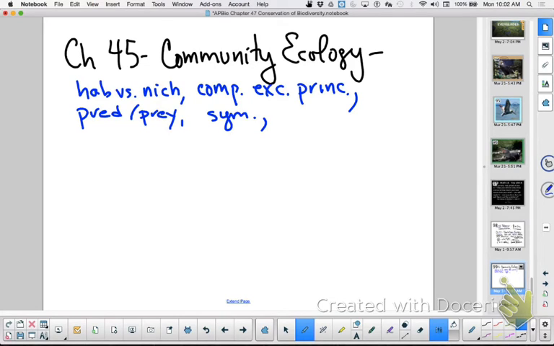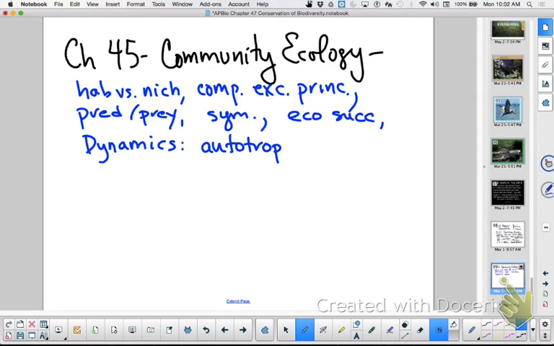Then we talked about succession, ecological succession over time. And then we talked about the dynamics of an ecosystem. And what you want to think about there would be autotrophs, right? Going to what?